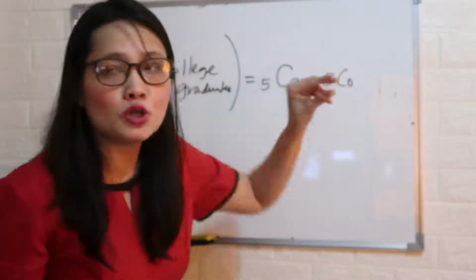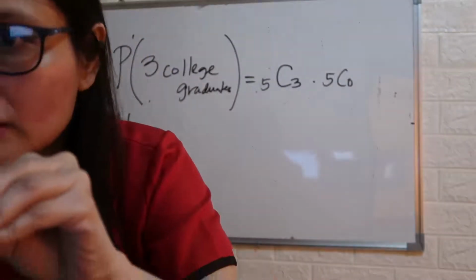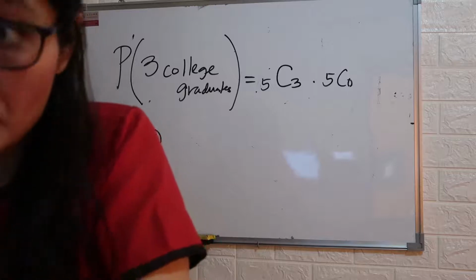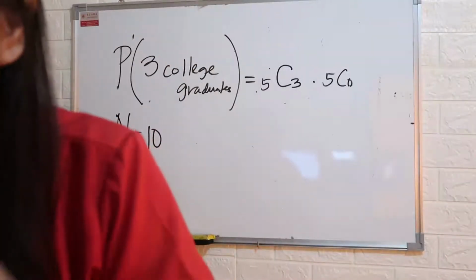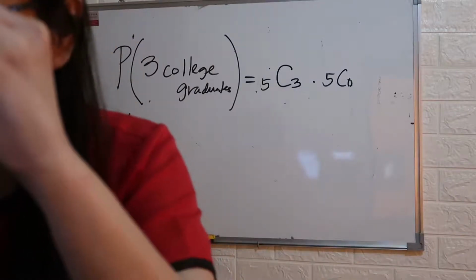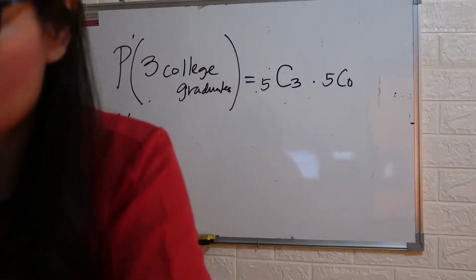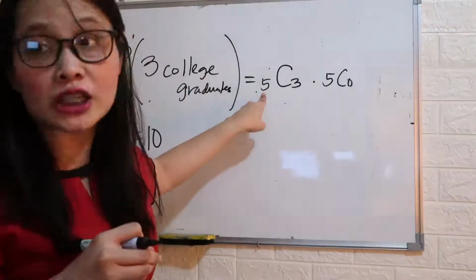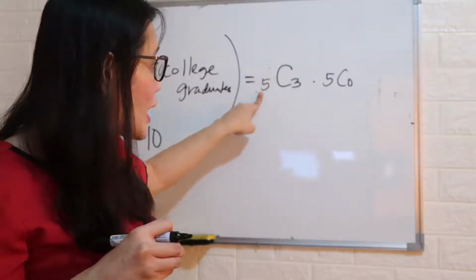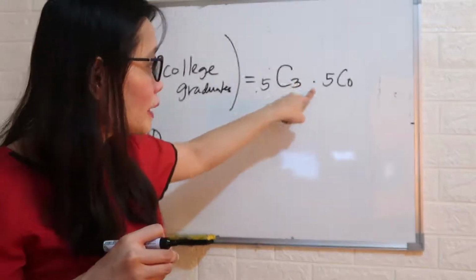So this 5 refers to the people who are not college graduates. Why is it taken 0? Meaning, we will not select the 3 applicants there. So where do the 3 applicants come from? The 3 applicants that we need to select are from the 5 college graduates. That's why we come up with 5 taken 3, multiplied by 5 taken 0.